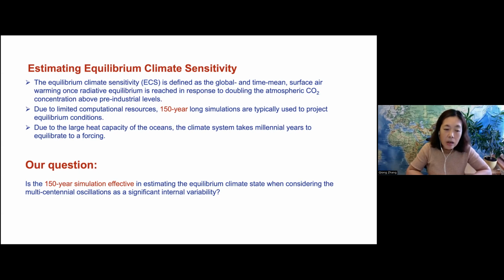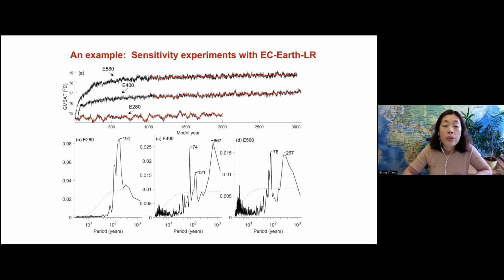But now we see this multi-centennial variability, and this kind of oscillation can be beyond 150 years; it can be 200 years or 300 years. So now the question is whether a 150-year simulation is effective or good for estimating the ECS, if we also consider this multi-centennial variability. So we also did some tests on this.